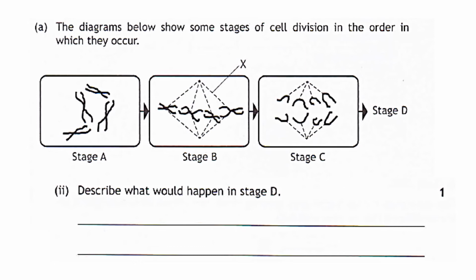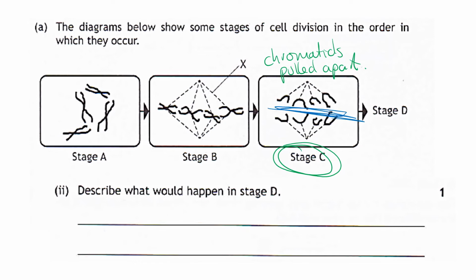What would happen in stage D here? So what I've got to look at is C. What's happening here? Chromatids are pulled apart. So I've got to think about what's going to happen next, right? Once the chromatids have been pulled apart, what do I want to do? I want to chop the cytoplasm in half. So cytoplasm divides.